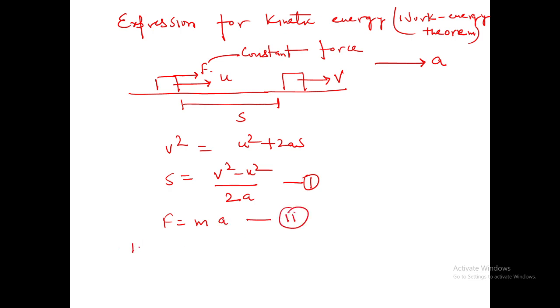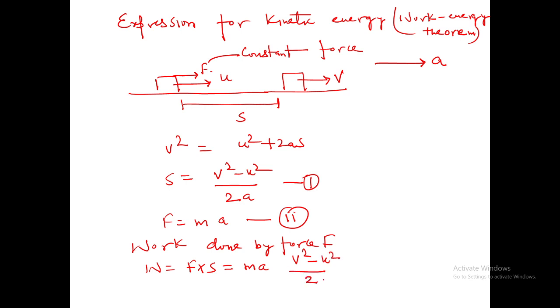And work done by force F is nothing but simply what? Force into displacement. So W is F into s, and this is equal to ma, and s is v square minus u square upon 2a. So what are you going to get?